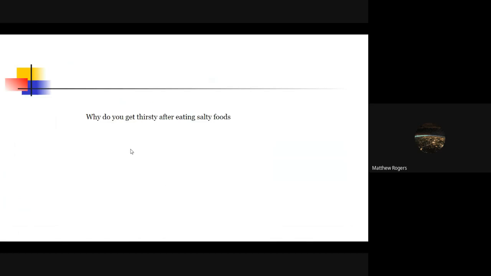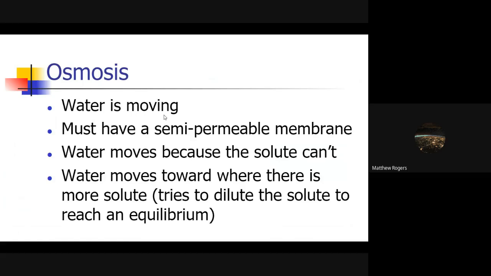So, kind of building off of that, osmosis is the diffusion of water. That's the basic definition, the diffusion of water. And we said the definition of diffusion is the movement from high to low concentration of either particle concentration, heat, or pressure.